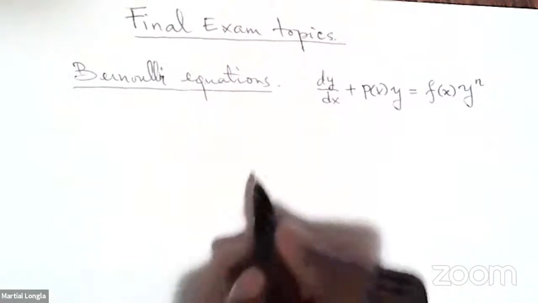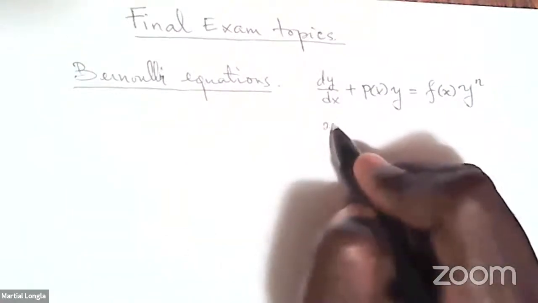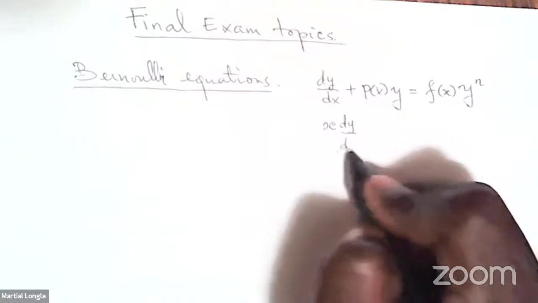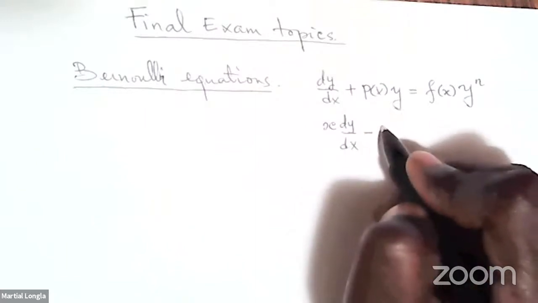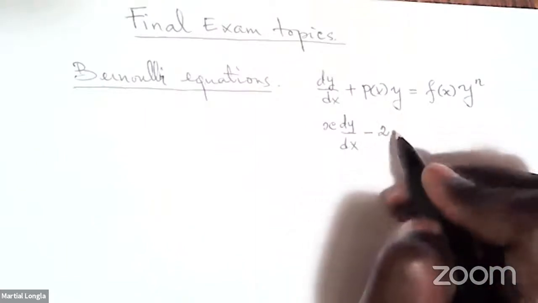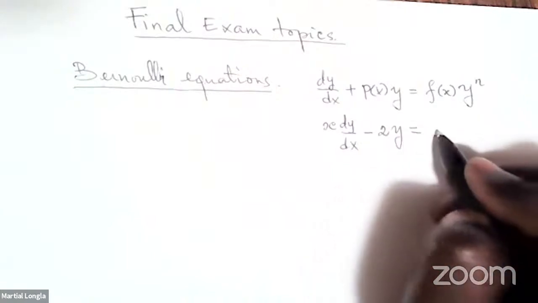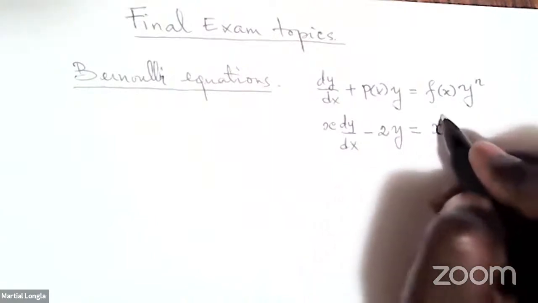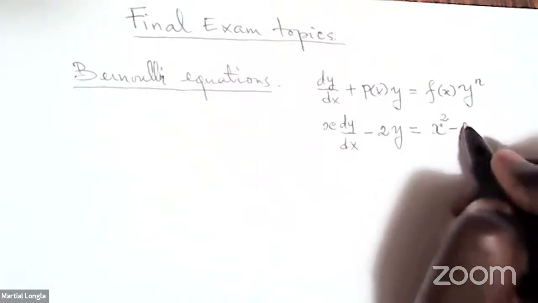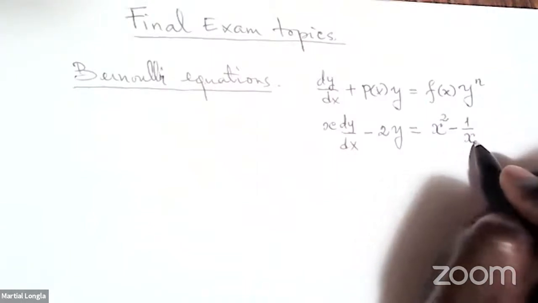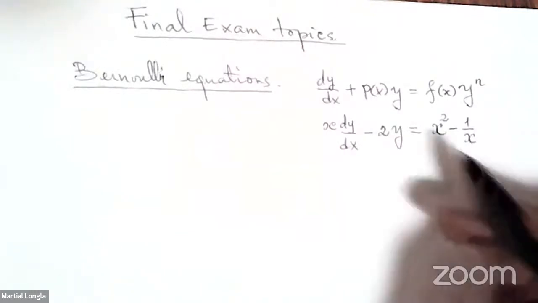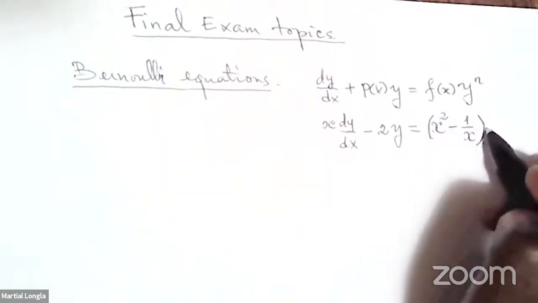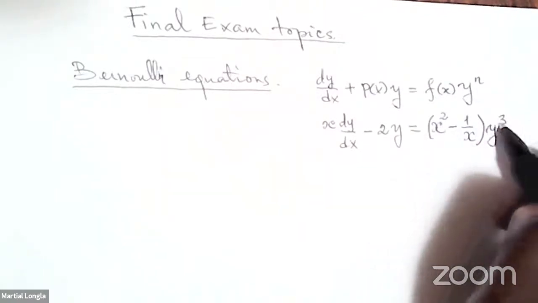An example here would be x dy/dx - 2y = (x^2 - 1)/x, multiplied by y cubed, or let's say here y squared.